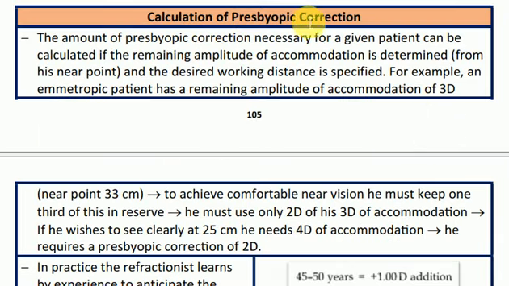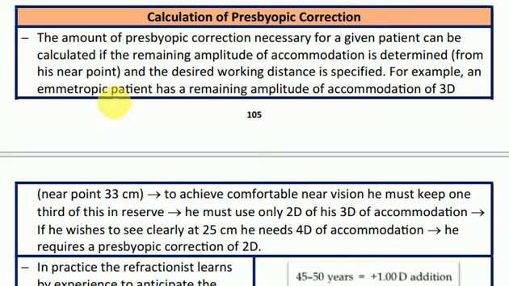Calculation of presbyopic correction. The amount of presbyopic correction which is necessary for a given patient can be calculated if the remaining amplitude of accommodation is determined from his near point and the desired working distance is specified.